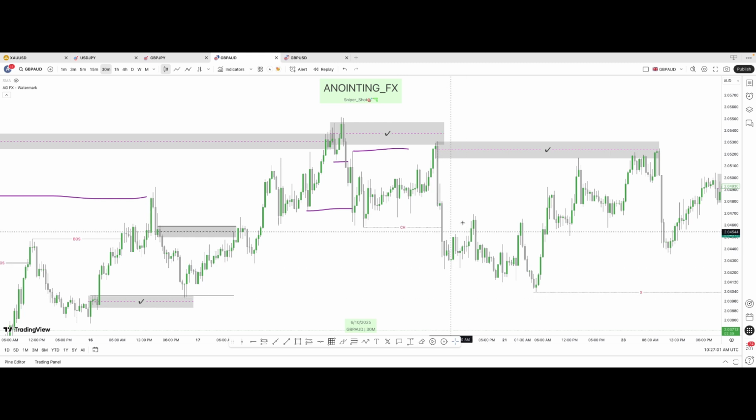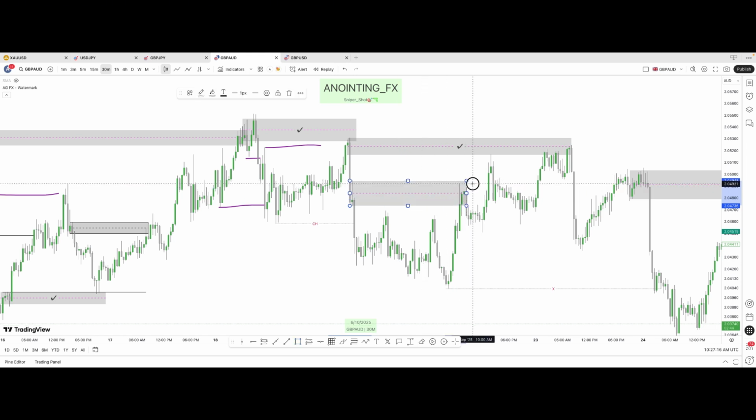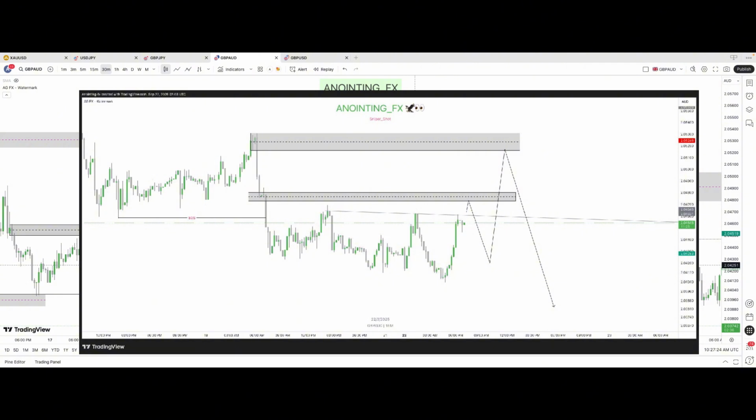Here I couldn't get any buy entry. But I shared this sell setup with my community. I shared these two. The price will either mitigate any of them and then we sell. So this is what actually happened.